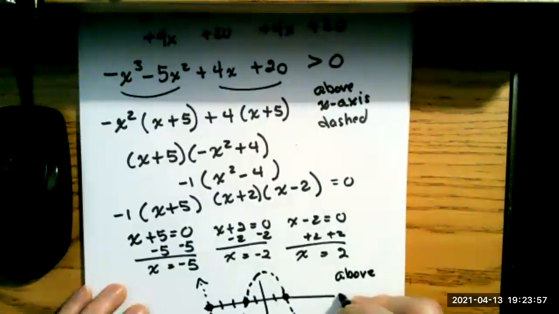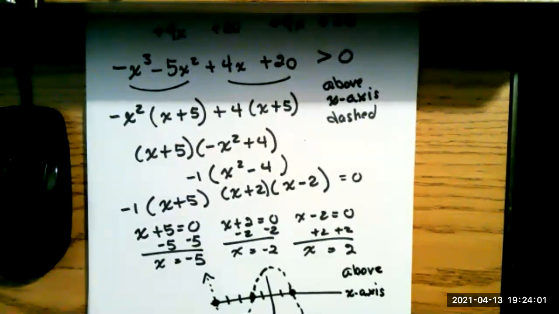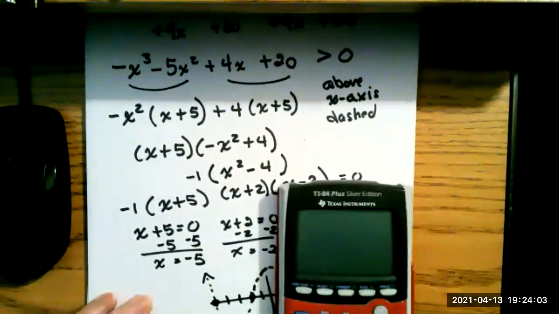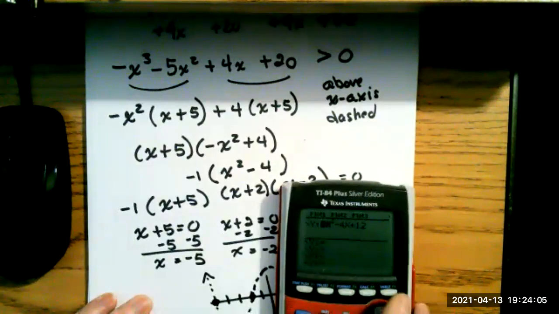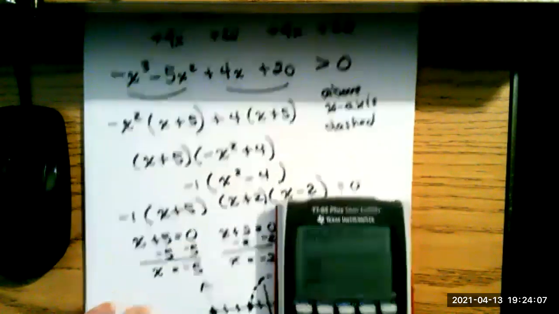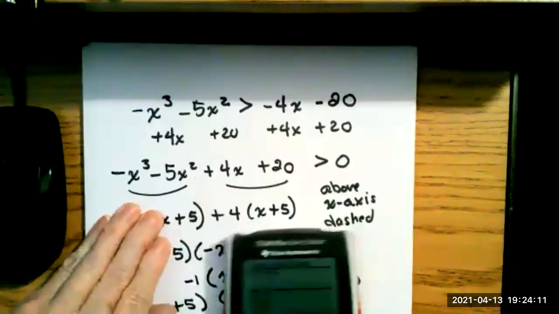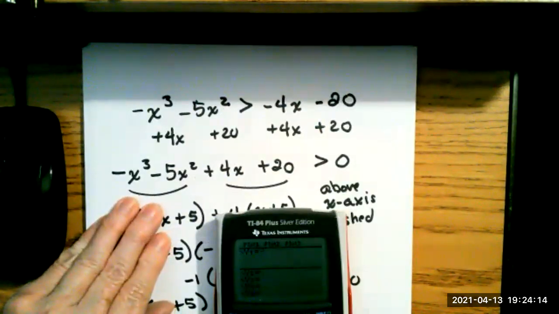So I'm looking above the x-axis. I'm going to graph it too, just to make sure my graph is correct. I can do it from the very start up here after I've set it to 0. I can do it from the first one, but there's a trick to doing it that way.